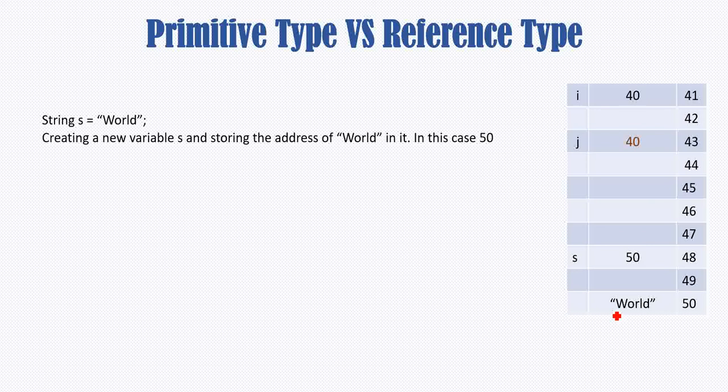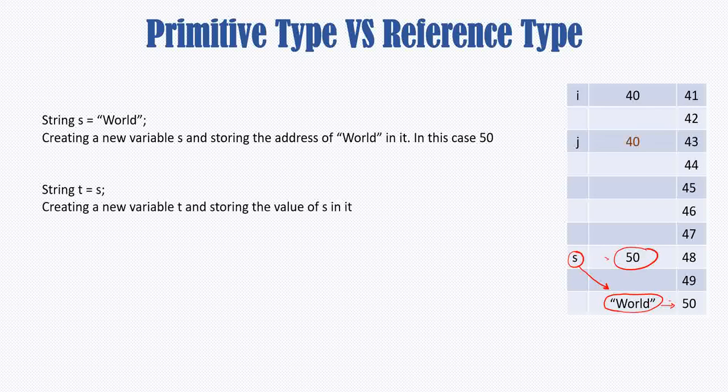The data world is stored in location 50. As a result, we are assigning the value of s to 50. That means s is pointing to the world. So we are storing the address of world in the string variable s.